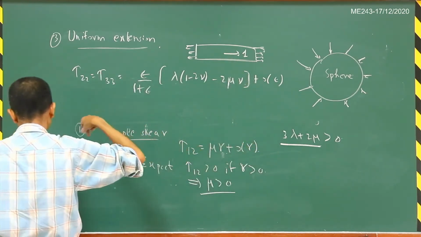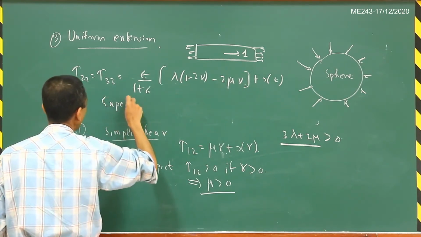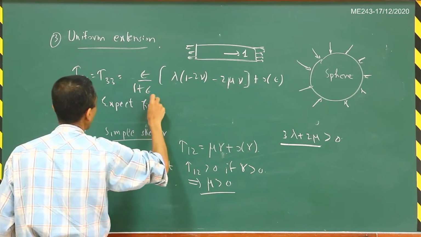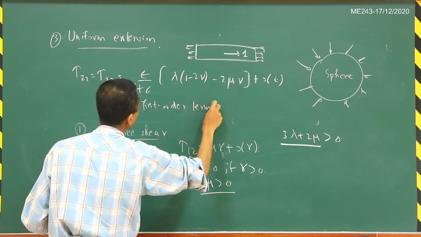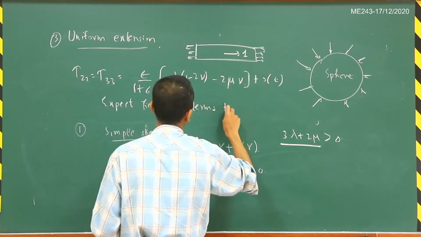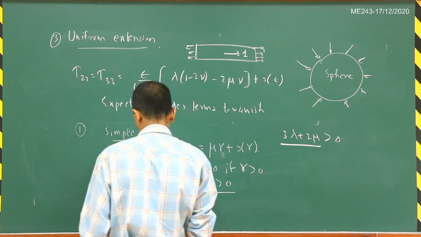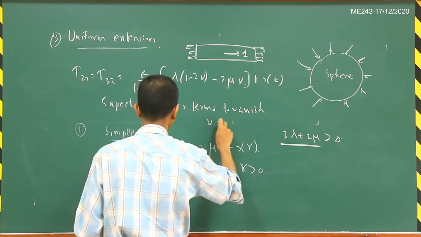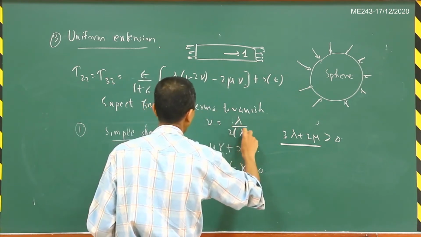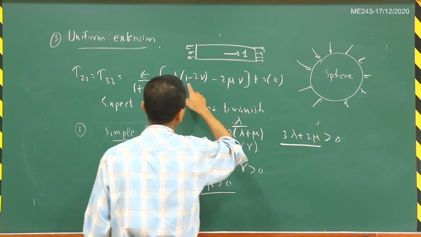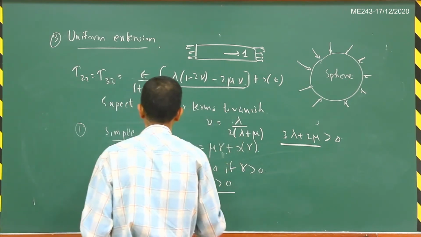So that means we expect the first order terms to vanish. Because of that, you will get mu is equal to lambda divided by 2 times lambda plus mu. Okay, so I am setting this whole thing to 0, and this is what I obtain from that.